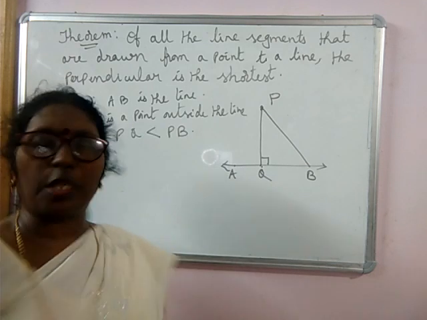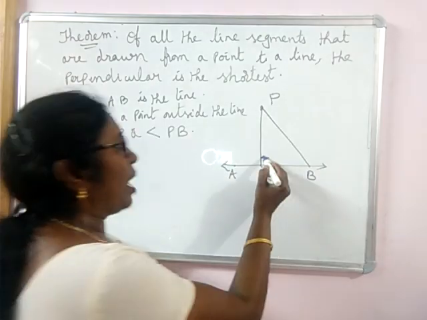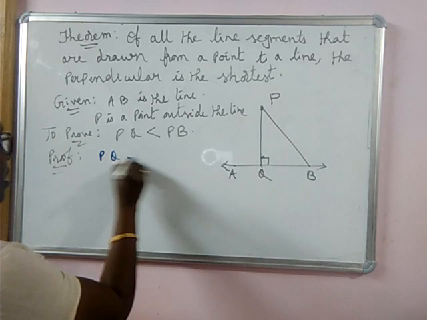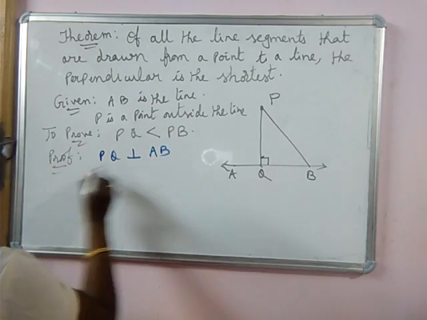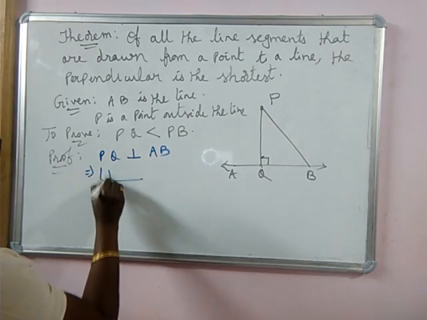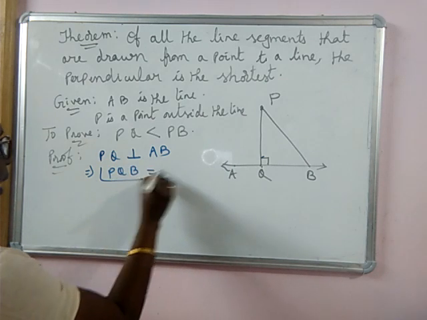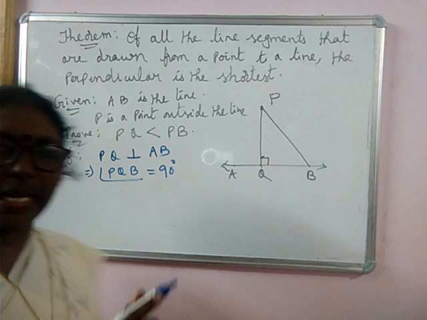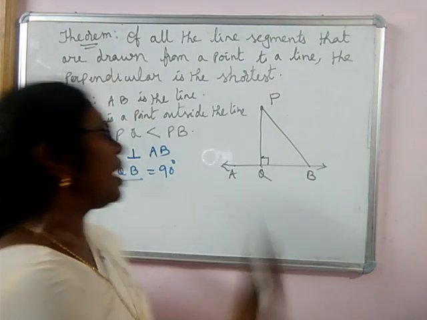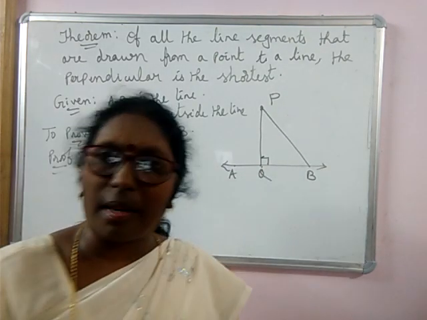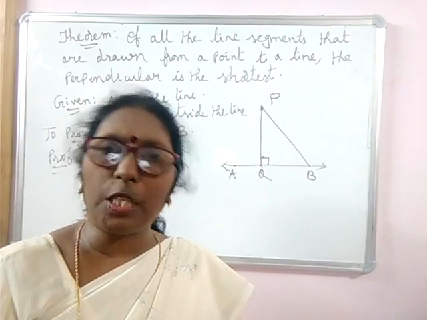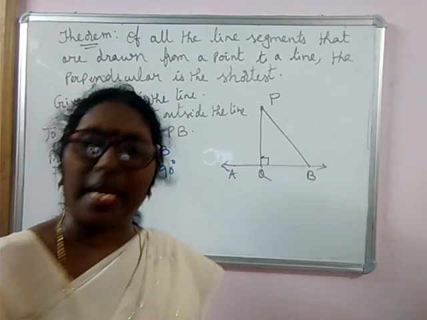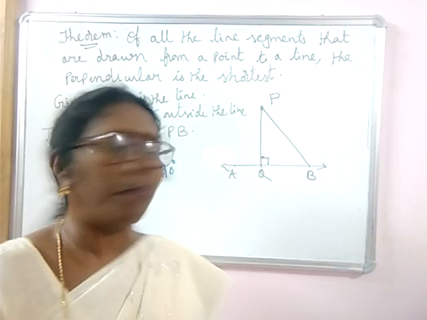PQ is perpendicular to AB, which implies angle PQB is 90 degrees. If in a triangle one angle is 90 degrees, the other two angles are smaller than 90 degrees, because the sum of the two remaining angles is equal to 90 degrees.